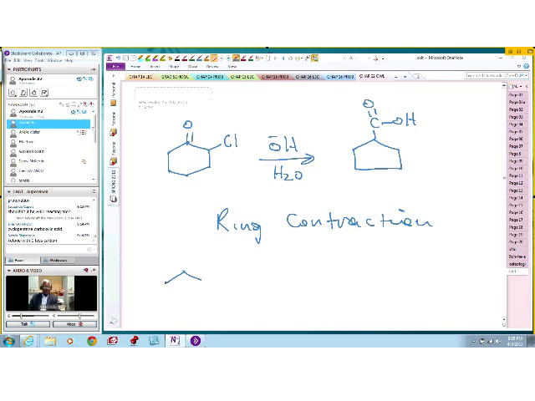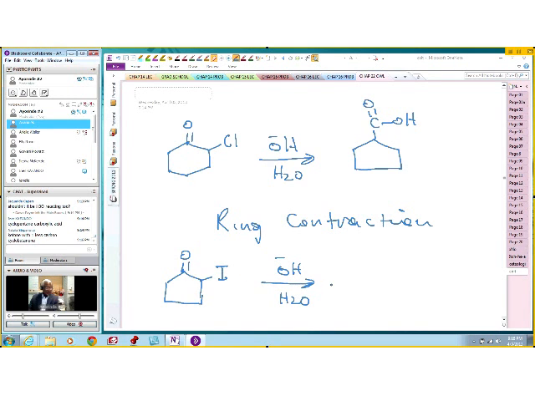Now for example, supposing you have a 5-member ring, this is not very common, but it could also happen. Supposing you have this, and I do this. What will be the product of this reaction here?